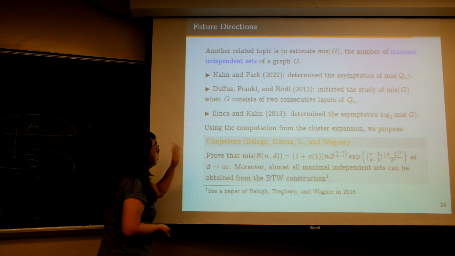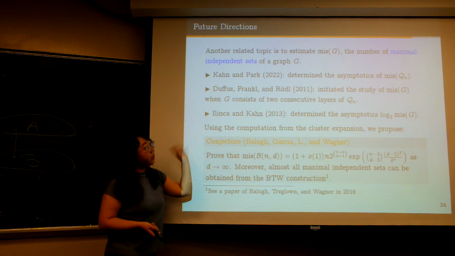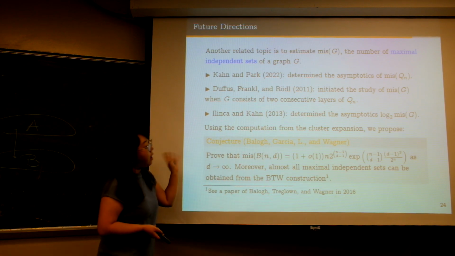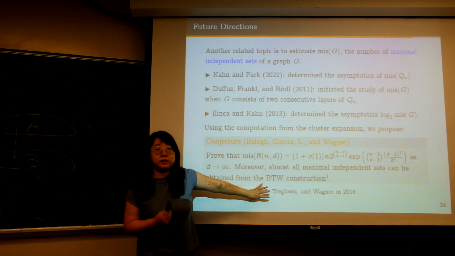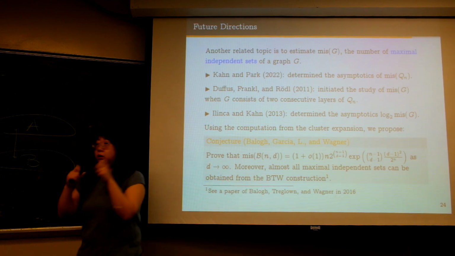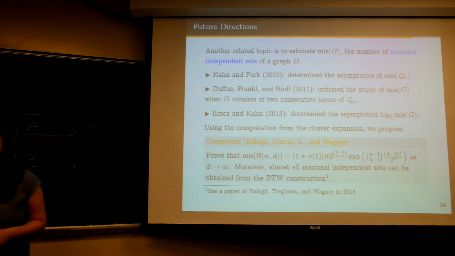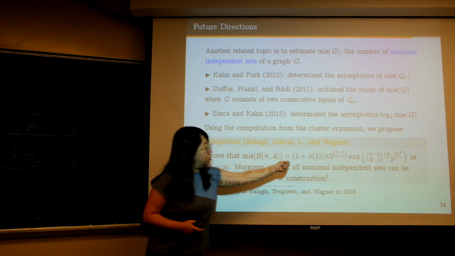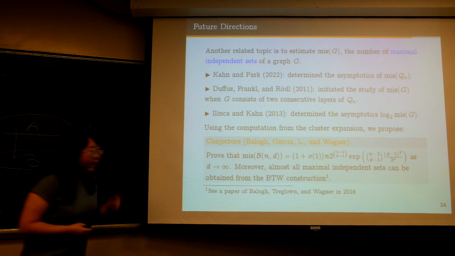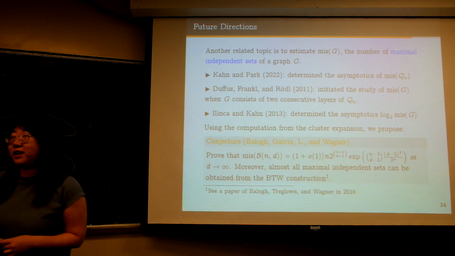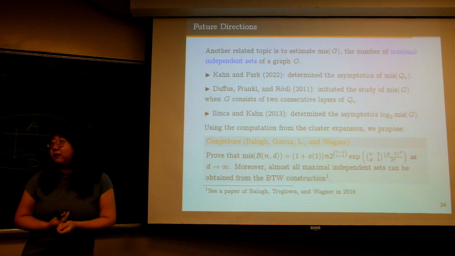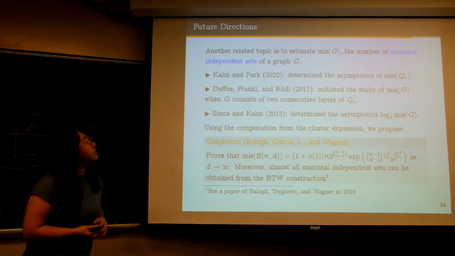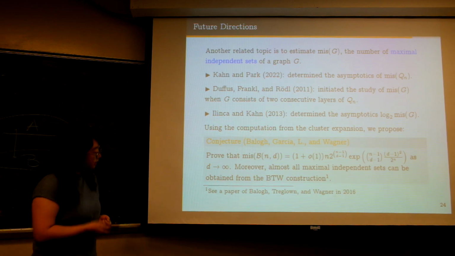But then we did some computation from the cluster expansion, and we believe that their construction is actually the typical maximal independent set. And that gives this formula. We actually spent one year on this project. We thought we were able to prove it, but unfortunately, it's still open now. Okay, so that's the maximal independent set.